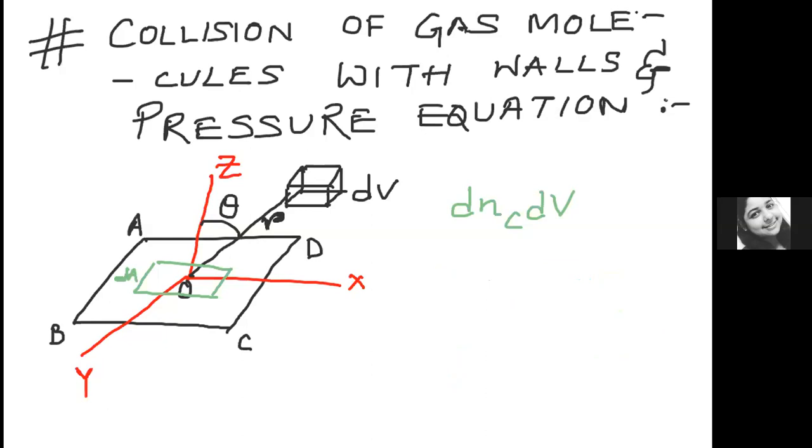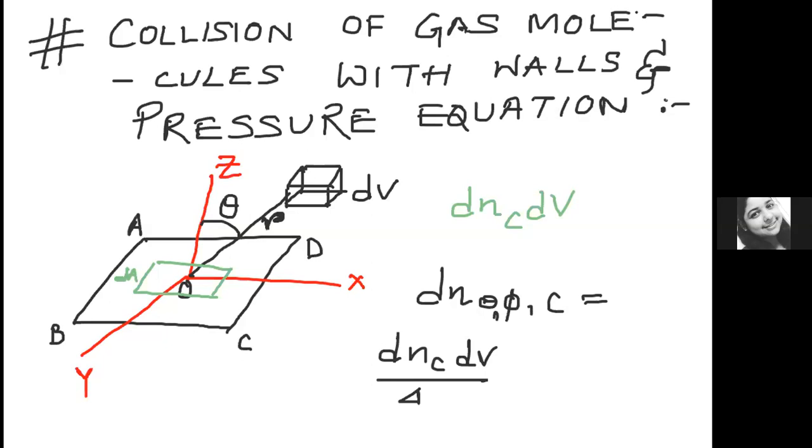That is, the number is given by dn(theta, phi, c) equal to dn_c dV, the number of molecules contained in the volume dV, by 4 pi, into dA cos theta.